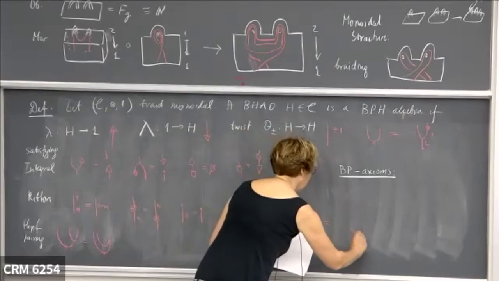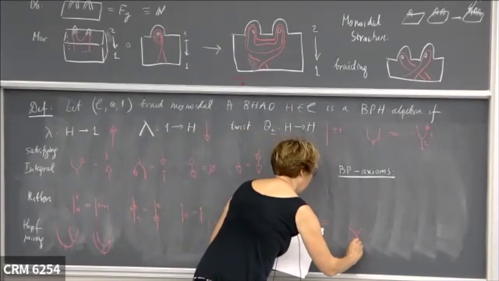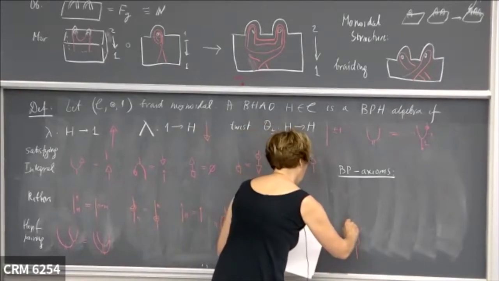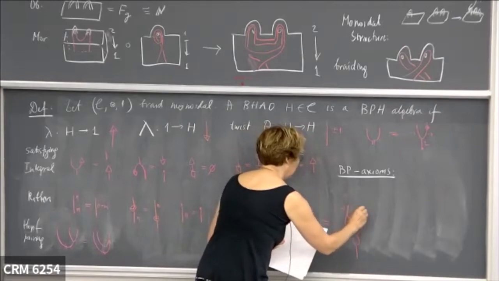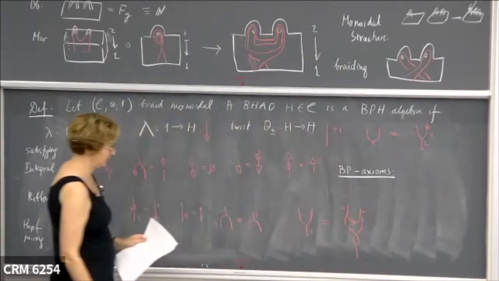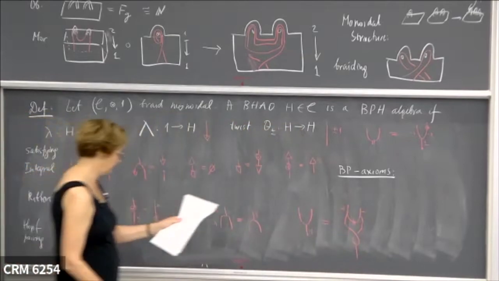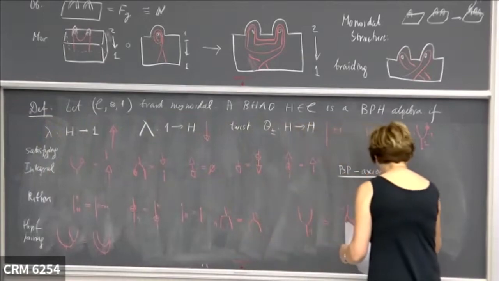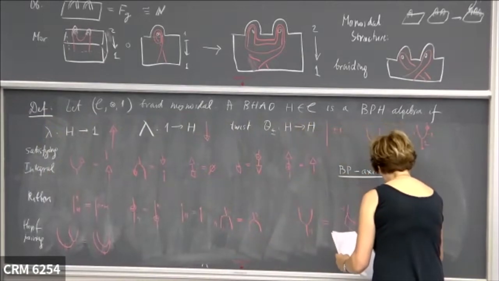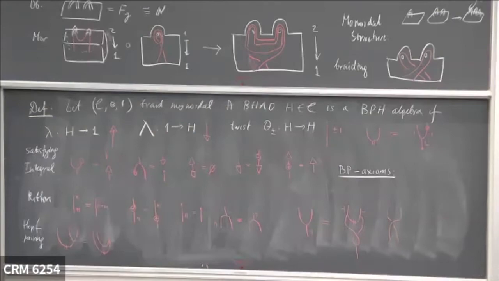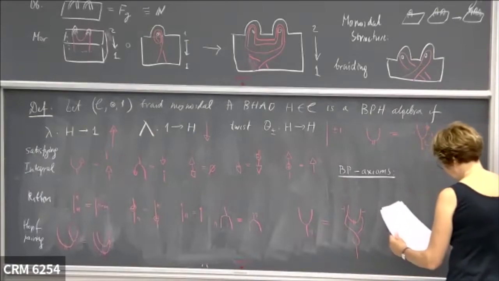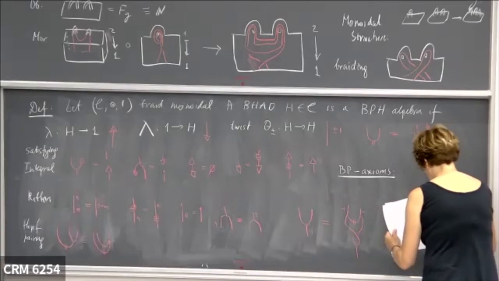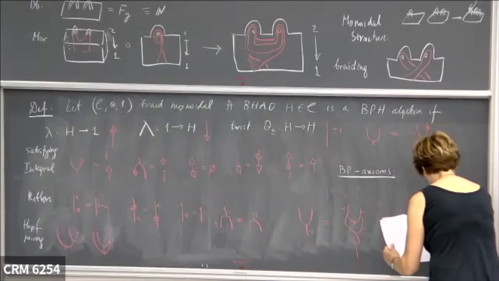If you put here this guy, and here you put minus one, this is the first axiom. And the second one expresses the positive gradient, so this is the positive gradient, and you can express it through the negative gradient in Hopf.